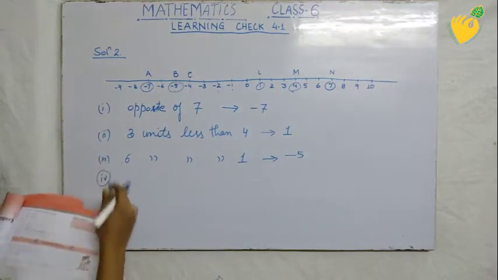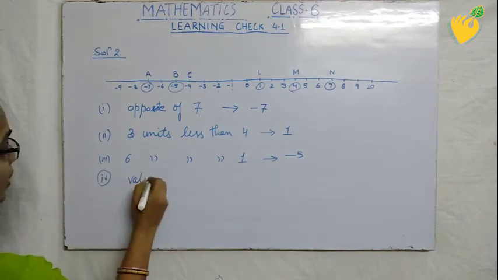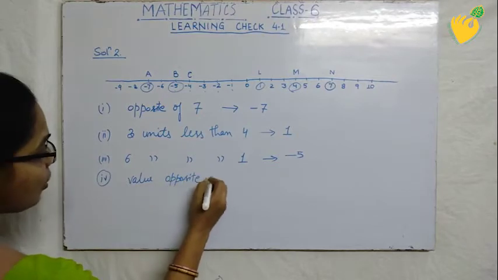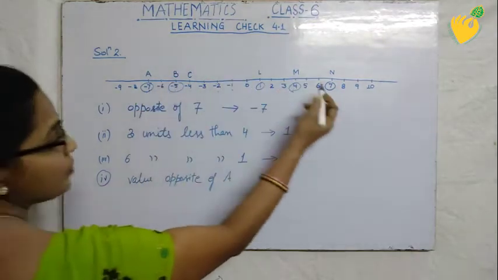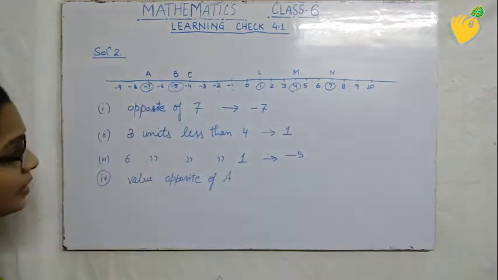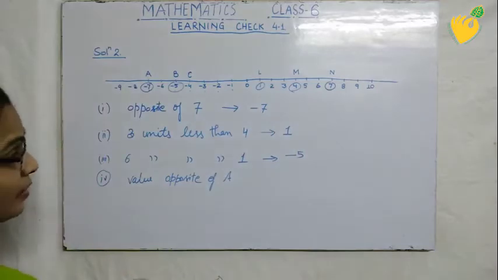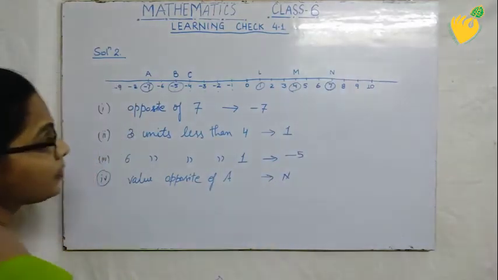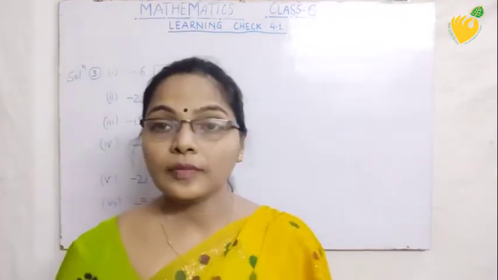The fourth one is the value opposite of a. We already know a is minus 7, and the opposite of minus 7 is 7, and the value is n. So this was question number 2.